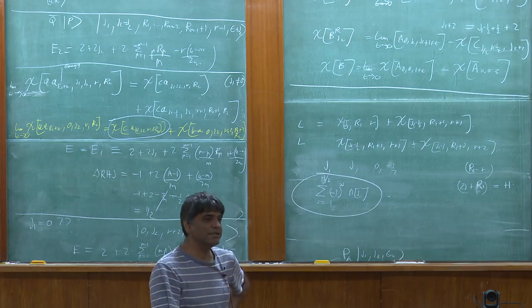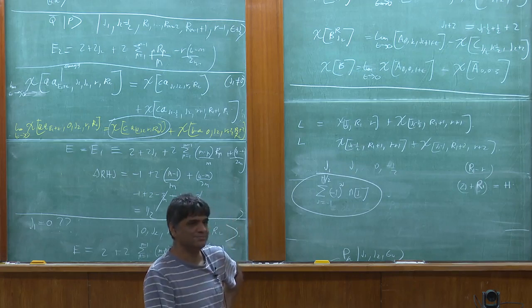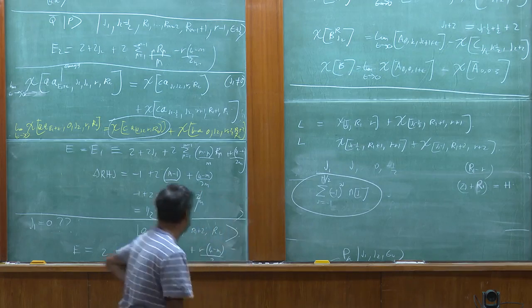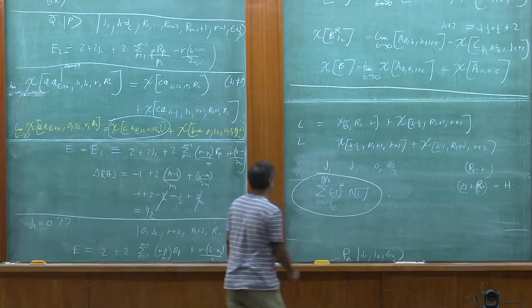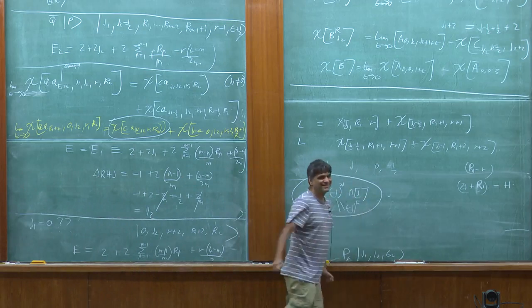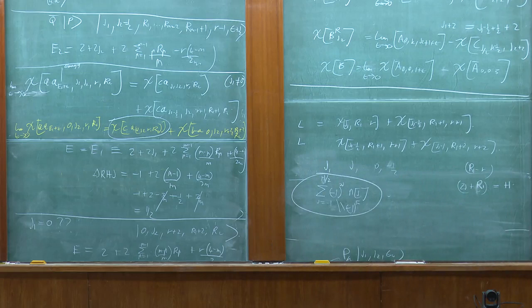Now, minus 1 to the power 2j, does somebody know a name for it? Fermion number. This was equal to minus 1 to the power F. Because by the spin statistics theorem, J is half integral only on fermionic states, and is integral on bosonic states.